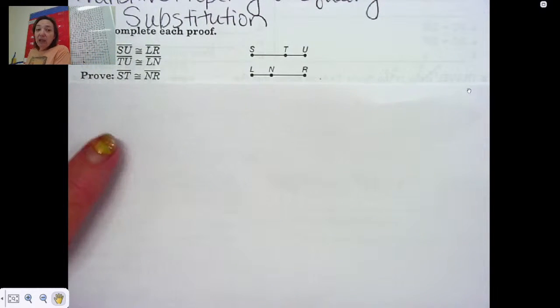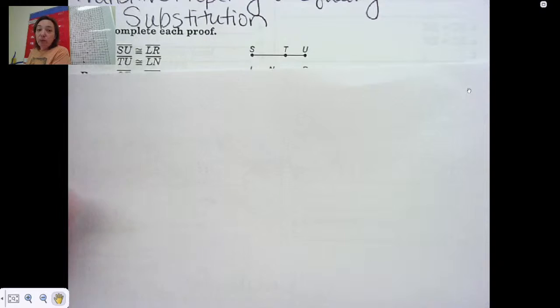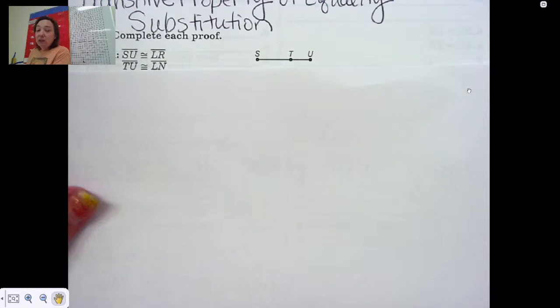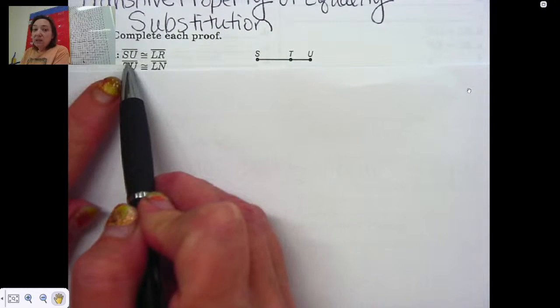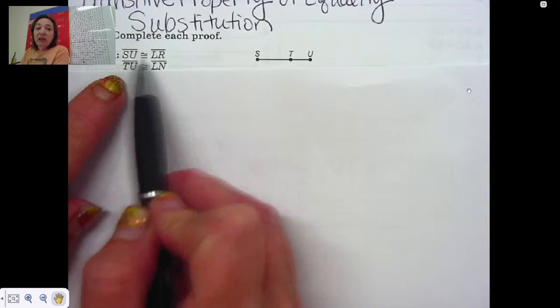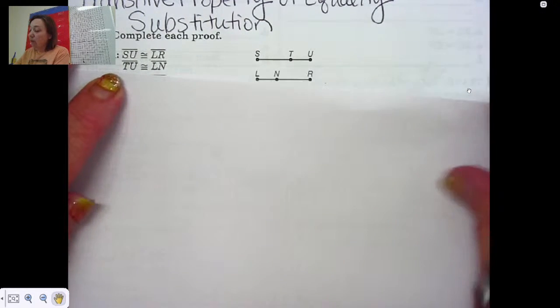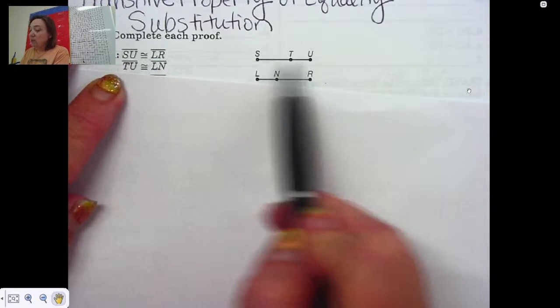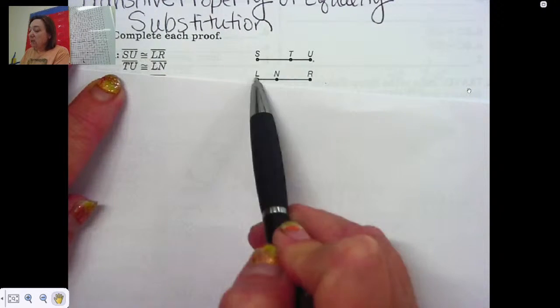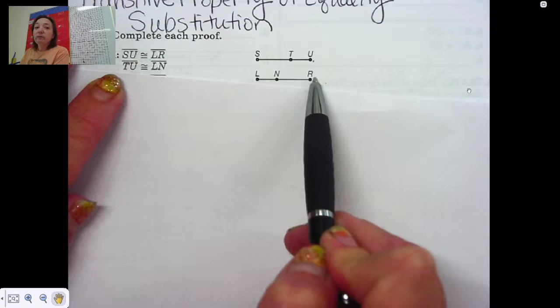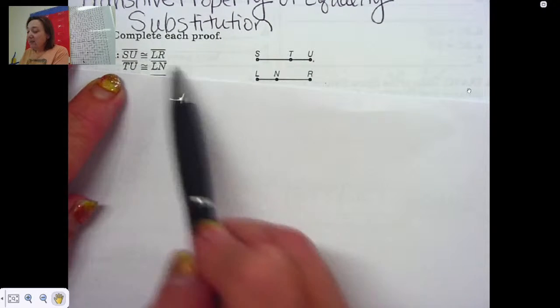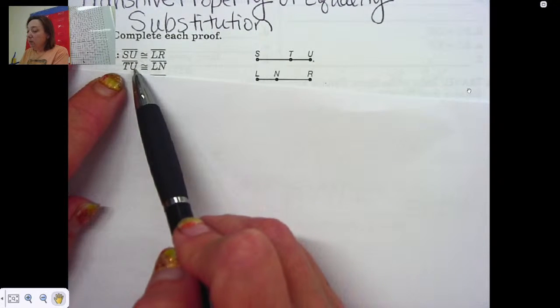So here's the information that they gave you. They said segment SU is congruent to segment LR. So if we look at the little diagram over here, that means that this whole segment here is congruent to this whole segment here. And then they said TU is congruent to LN. So I need to mark that on mine.